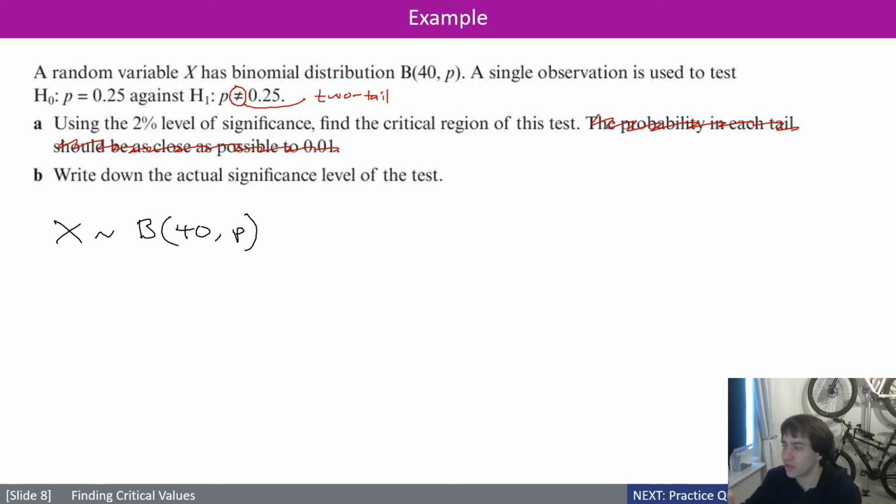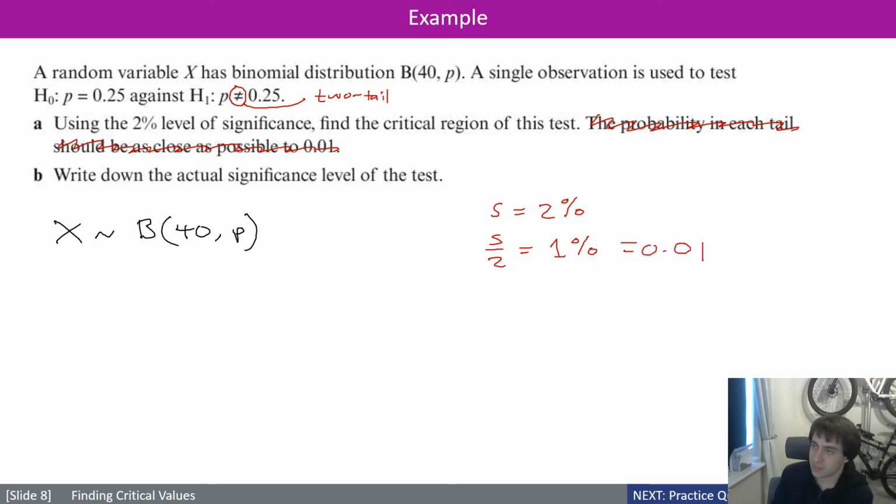So you won't be told that usually. If it's a two-tail, you need to recognize it as such and then divide the significance level by 2. So let's do that. S equals 2%, our significance level. S over 2 is equal to 1%, which is 0.01. So that's the value we're going to be using.